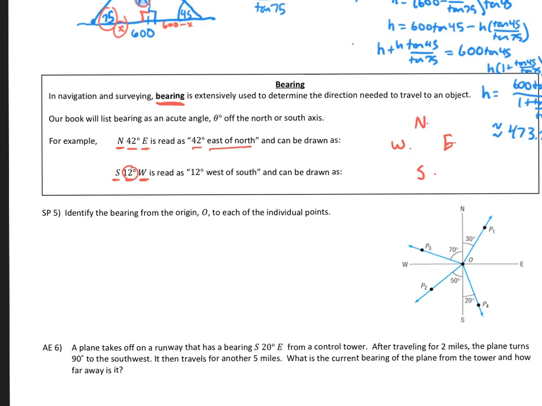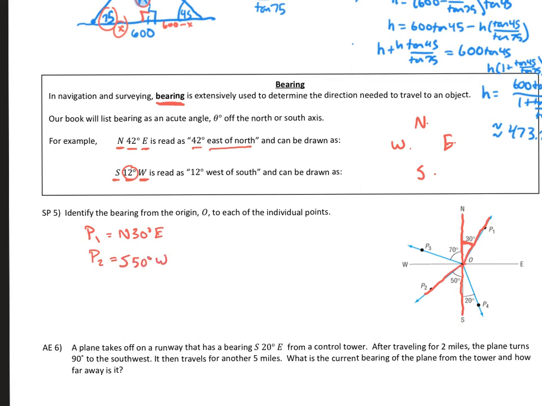As we look at our first series of problems, we want to know the bearing from the origin to all of our individual points. So we're going to start off with point number 1. When I look at this angle right here, I'm going to start by saying this is north, and then this is 30 degrees to the east of north. So we write that as N 30 degrees east. Point 2, similarly, here's my south, and so we'll start by going south, and then how many degrees west of south?